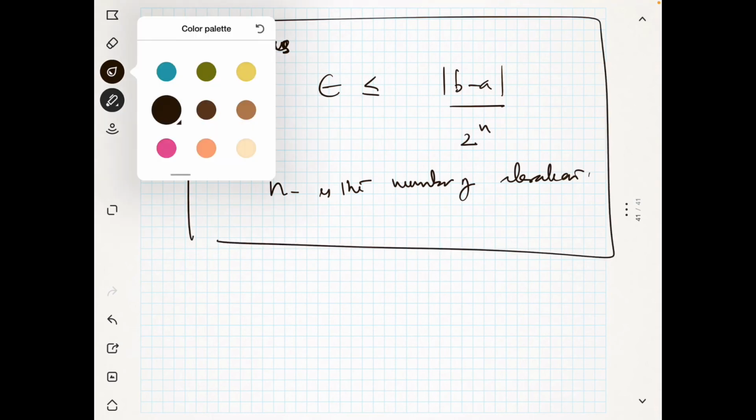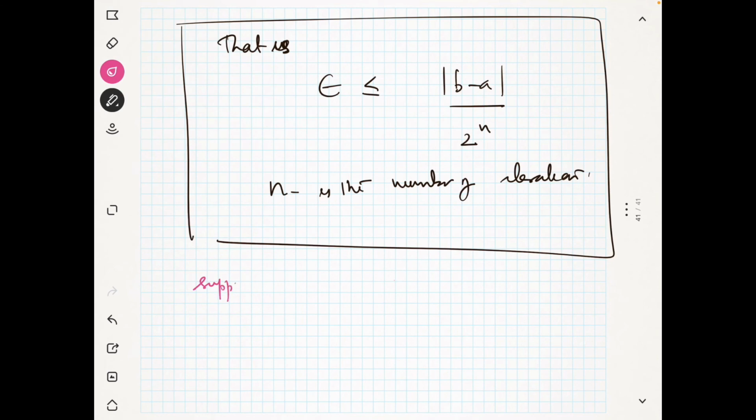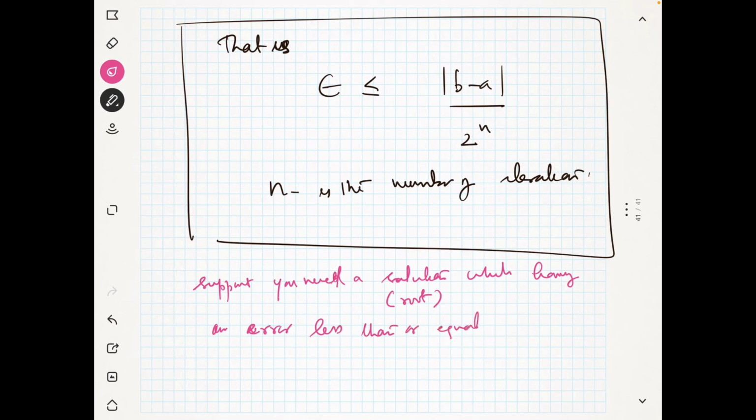Suppose you can have one example. Suppose you need a solution or the root which is having an error less than or equal to 0.01, which means your error is 0.01, which is less than or equal to b minus a by 2 power n.